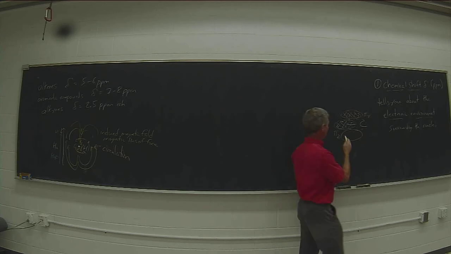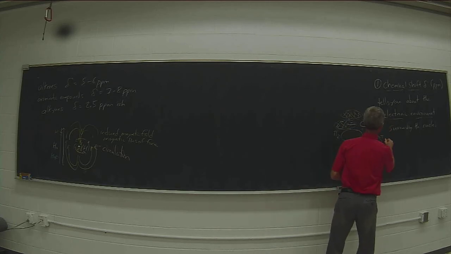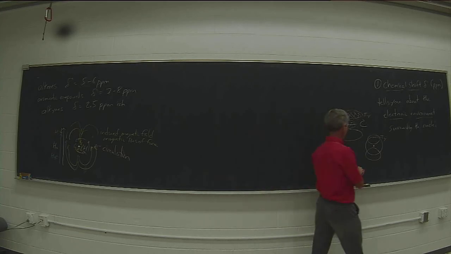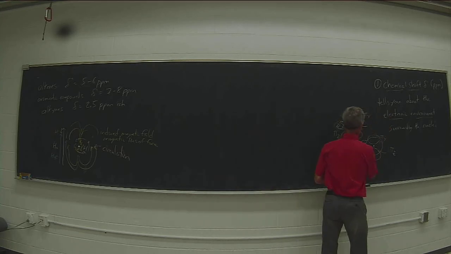So if I look down the carbon-carbon bond in a Newman projection, I've got a pi bond that's above and below, and I've also got a pi bond that's in front and behind.